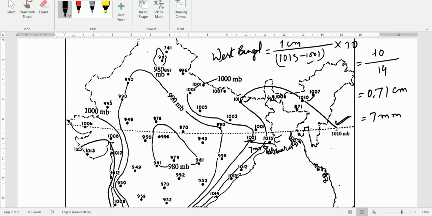So let me reproduce it here. This is station 1001, and this is station 1015.